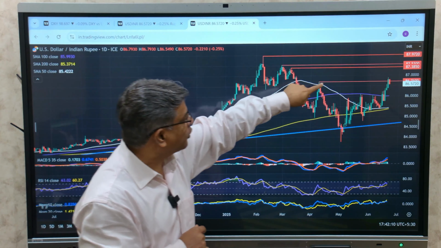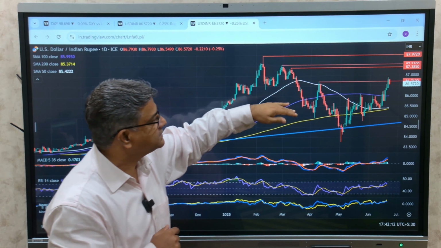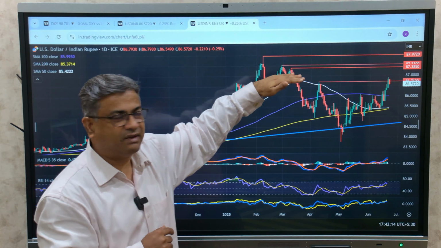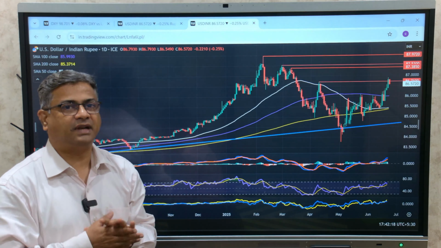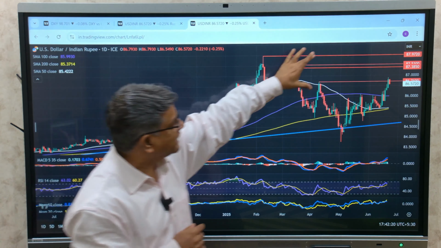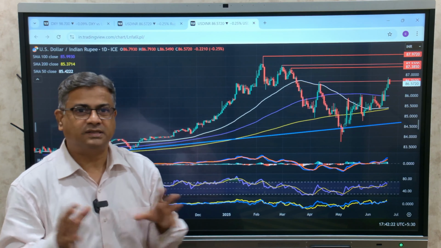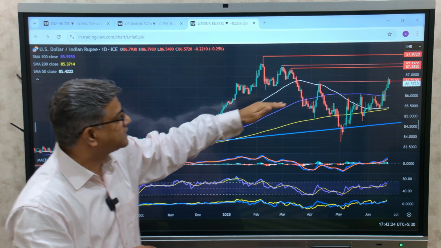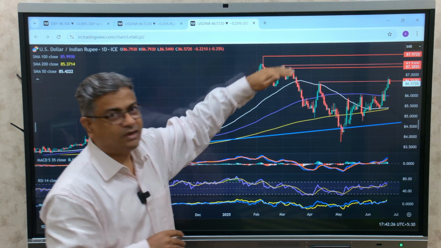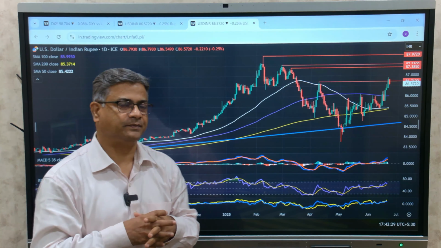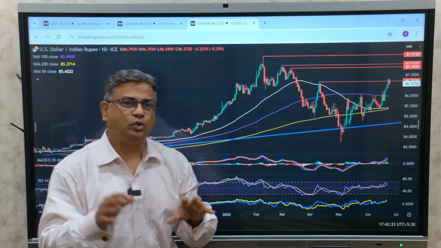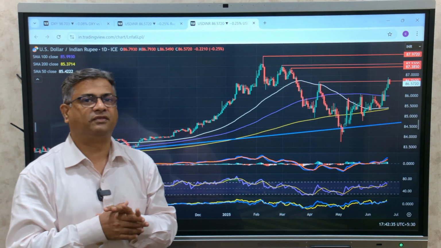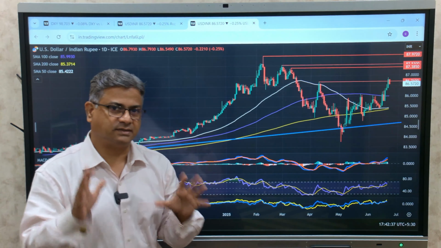If you look at all these red horizontal rays, it is between 86.70 and the previous all-time low of 87.95-97. This entire region of 86.70 to 87.70, 87.95 is going to be a big resistance zone because it had previous highs which were not broken before.